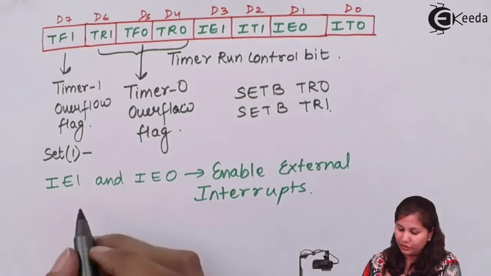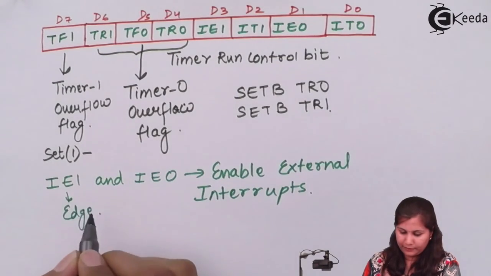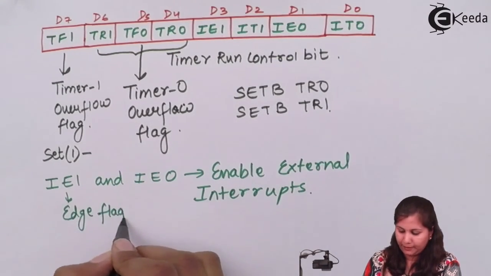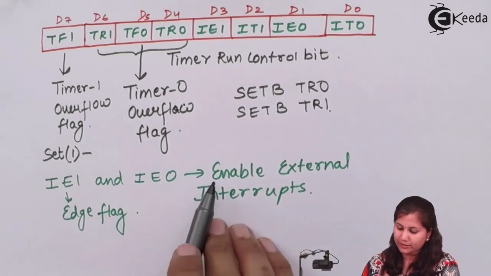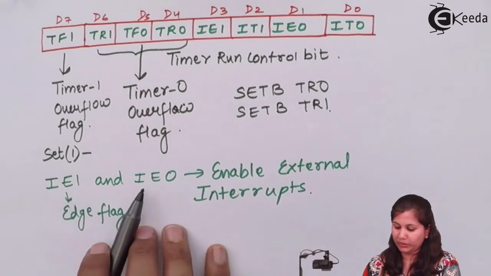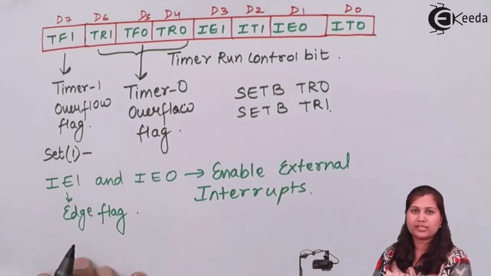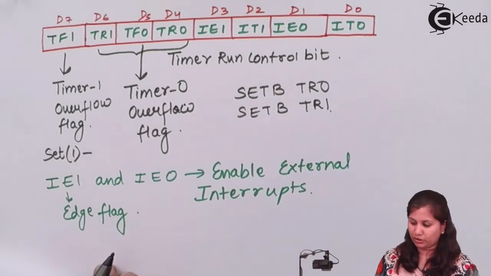E is for the edge flag. So this is the external interrupt edge flag 1 and this is the external interrupt edge flag 0. This is related to the interrupt structure.